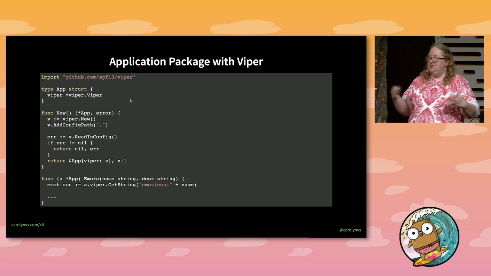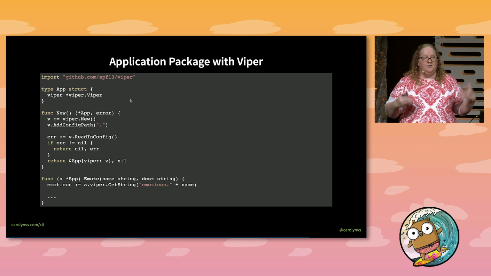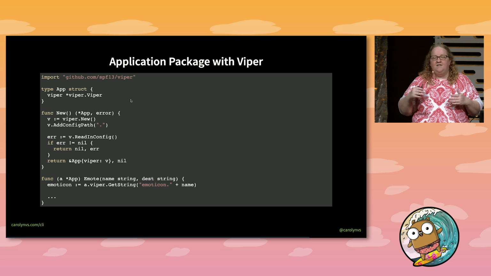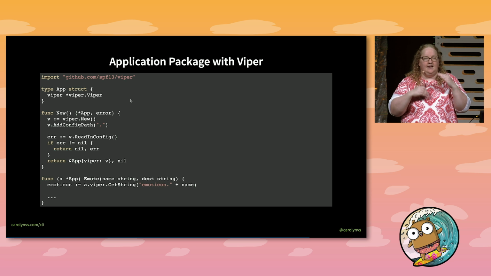Now I have a generic function called Emote, because this is where we wanted to go. So Emote still prints out emoticons. But first it looks up in that saved configuration that Viper loaded up, and it checks that emoticon list, that dynamic list that I had in my config file.